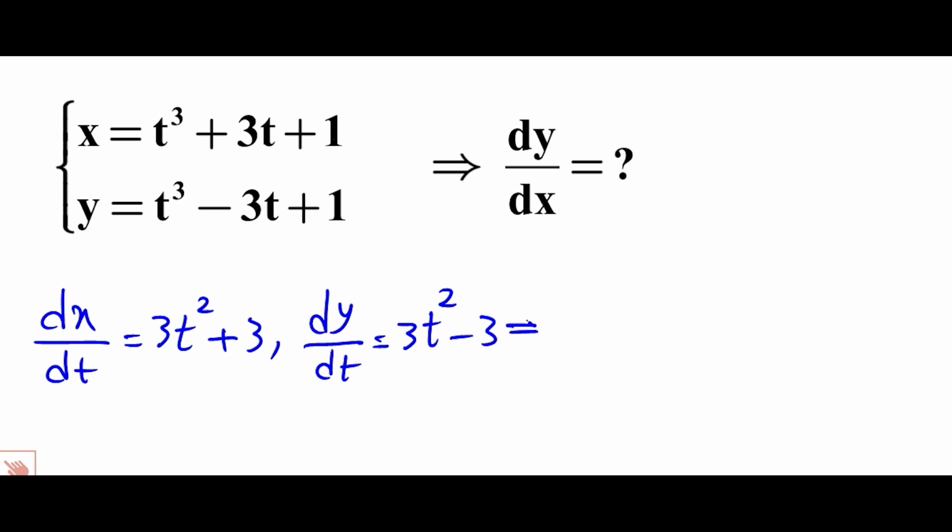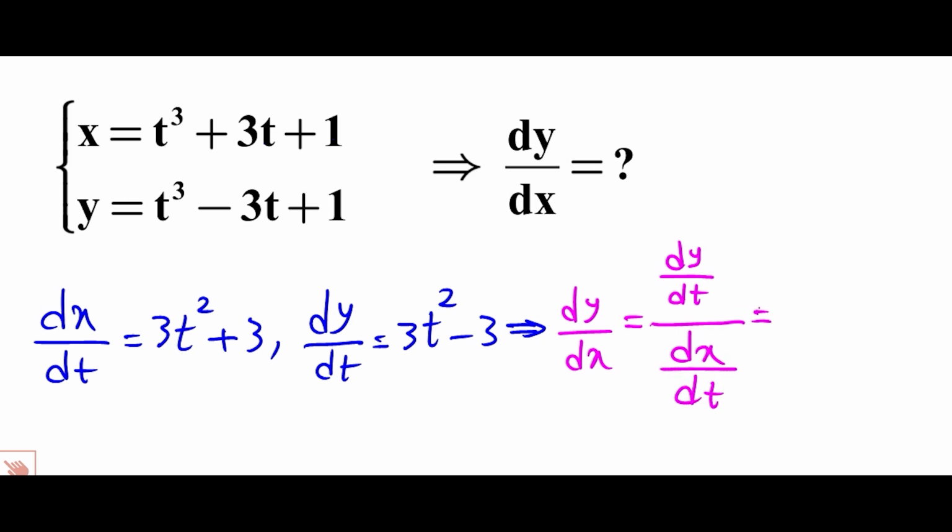So dy/dx equals dy/dt over dx/dt, which is (3t squared minus 3) over (3t squared plus 3).